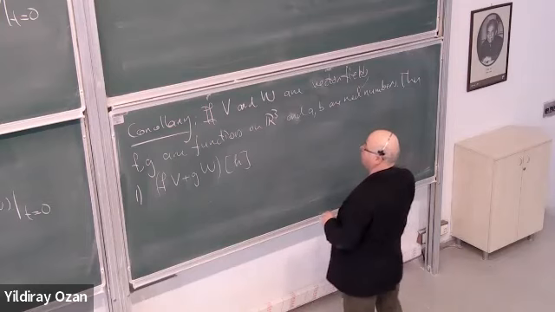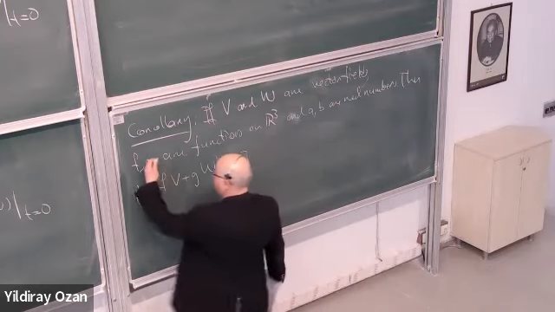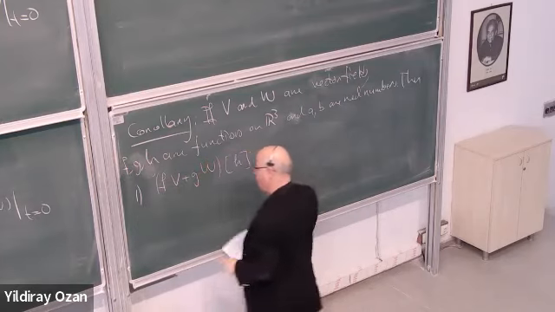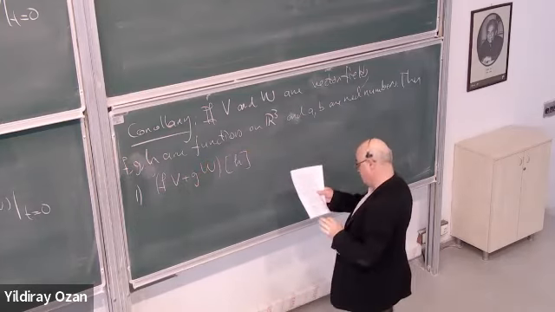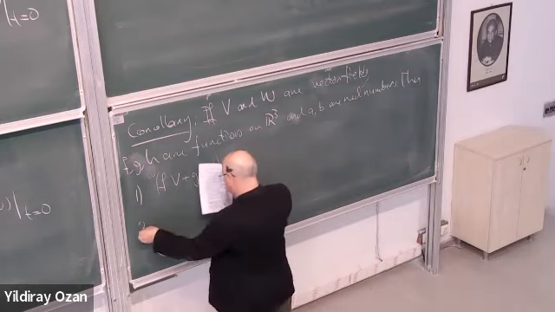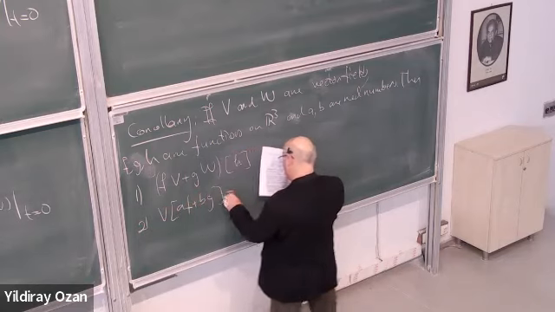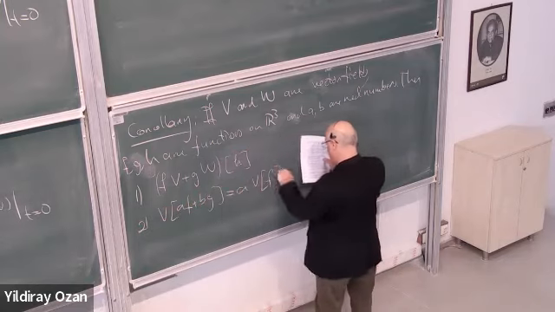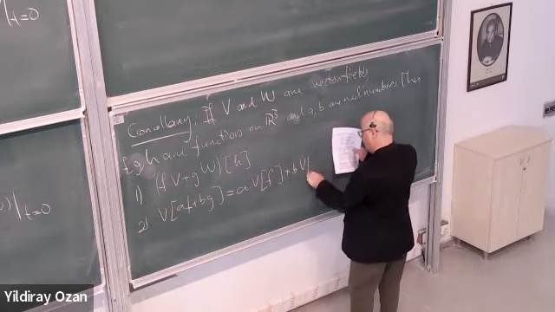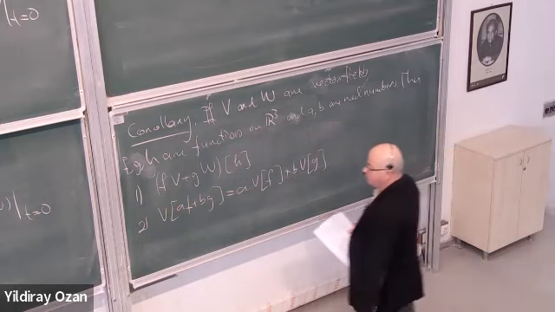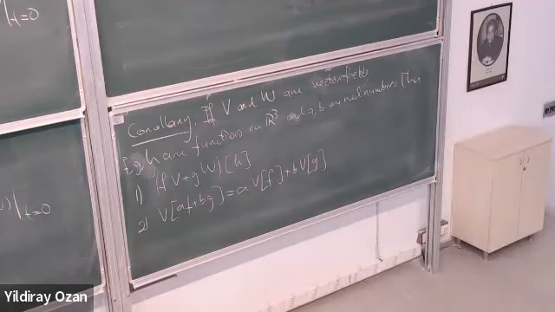H is also a function, so F, G, and H. And the second one is this, aF plus bG. Here we have basically the same statement, right? The only thing is that we don't have P here.